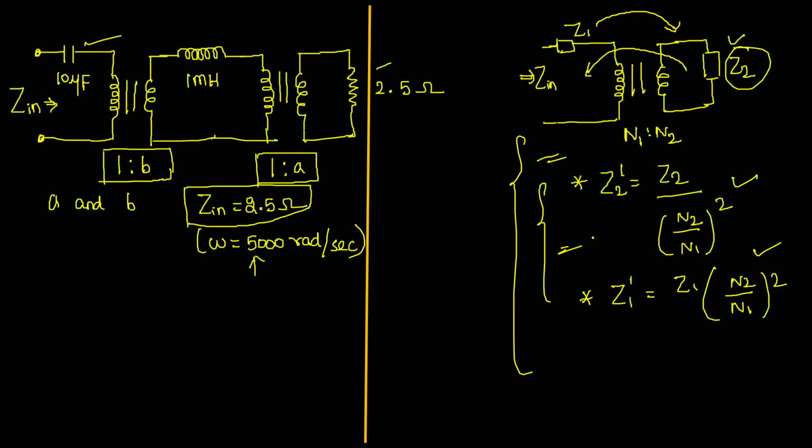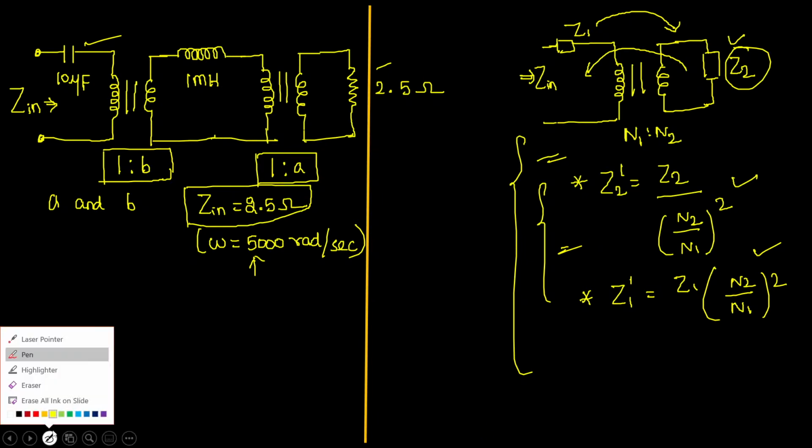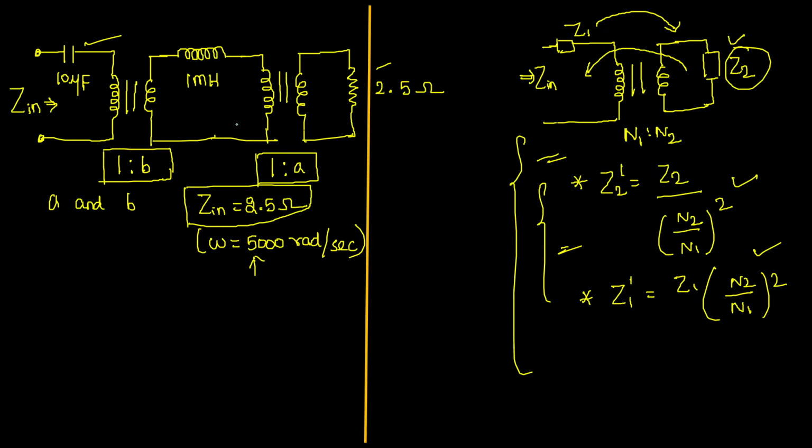Okay, pay attention. When we transform this impedance, take this tertiary winding, for example, where two or three elements are present. You can do any type of transfer in the case of a transformer. First you can transform this inductance directly. After that you can transform this resistor from here to here and then from here to here.